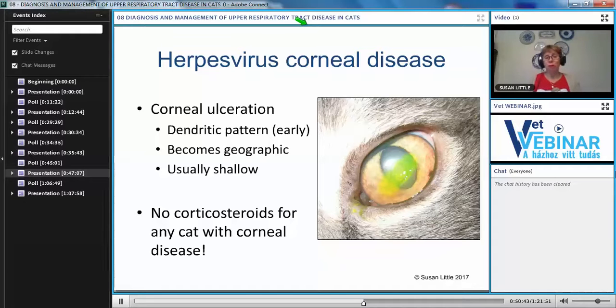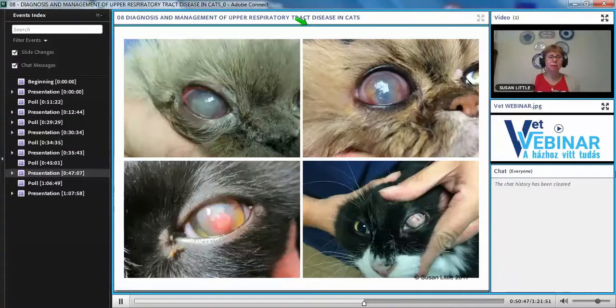Many of these patients will have mild or shallow ulcers like the cat in this picture, but we see a spectrum of much more serious cases. These are some of my other patients with much more serious, sometimes melting corneal ulcers, even sometimes rupture of a globe. This kitty actually had a globe rupture from a corneal ulcer that penetrated right through the cornea.